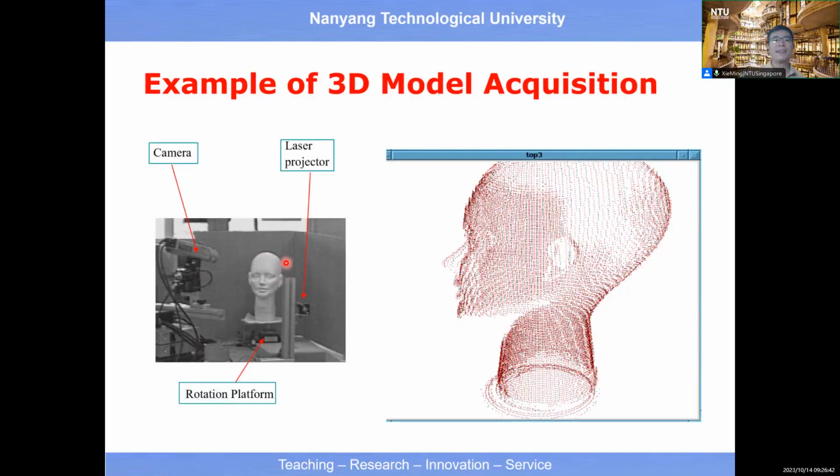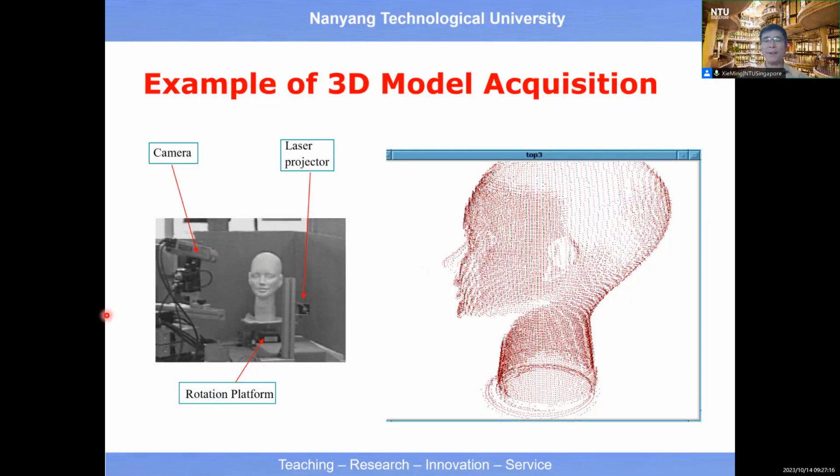When the object rotates, we can match line by line all the 3D coordinates along the intersection line between the laser plane and the object. The projector projects a laser plane, which intersects with the object. Then you put all the coordinates together and you see a cloud of points, which belong to the surface of the object. From this example, you will see the result is quite accurate.